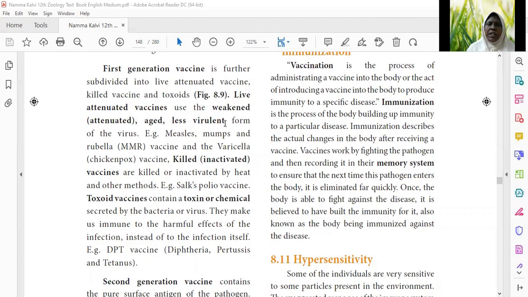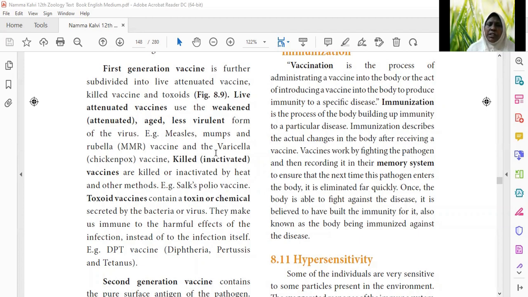So from the name we can understand that it is made by using weakened or aged or less virulent form of the virus. So this first type, which comes under first generation vaccine, is the live attenuated vaccine.